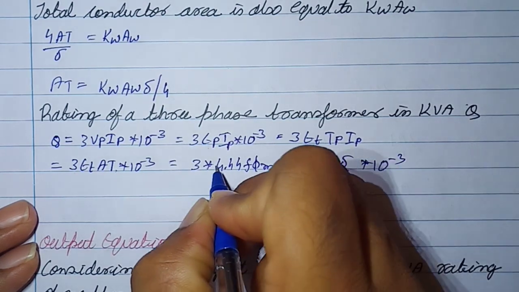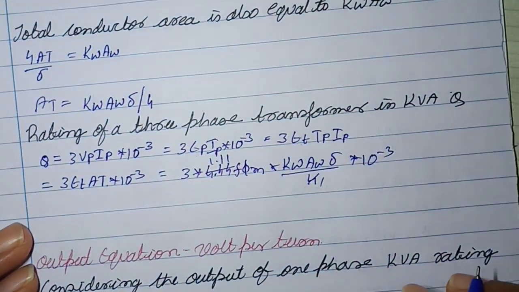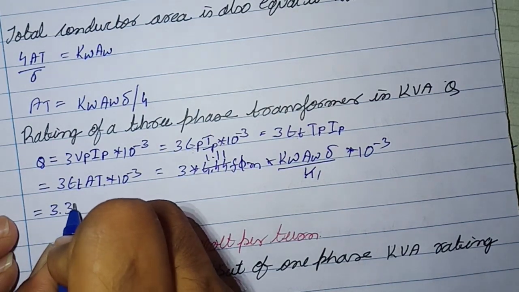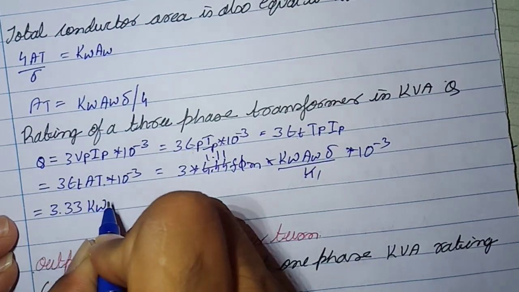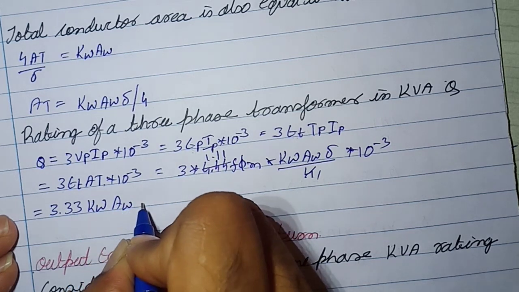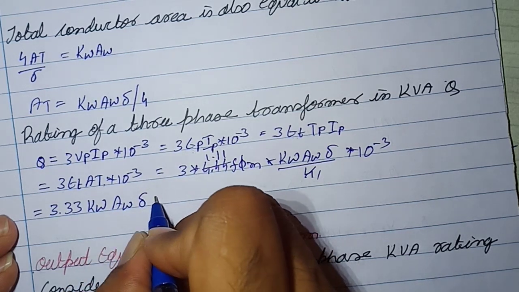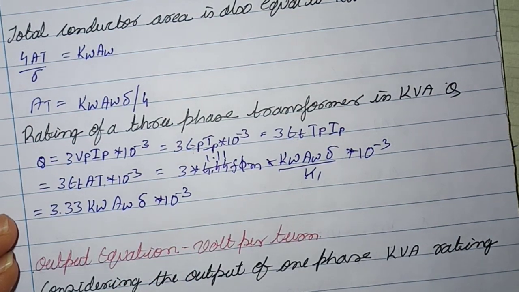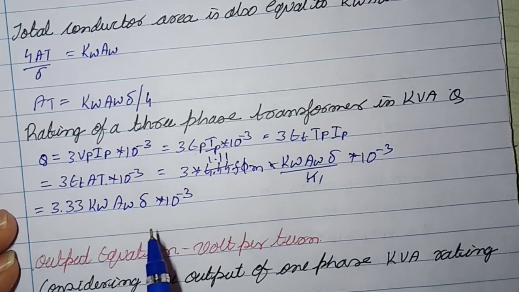This turns out to be 3.33 F phi m KW AW delta into 10 raised to minus 3.